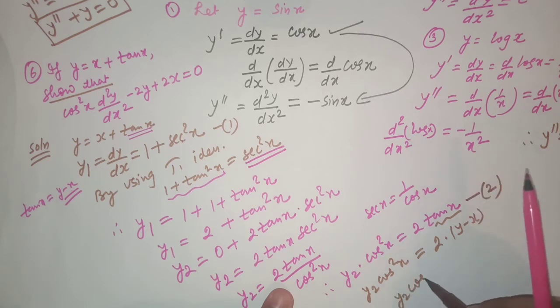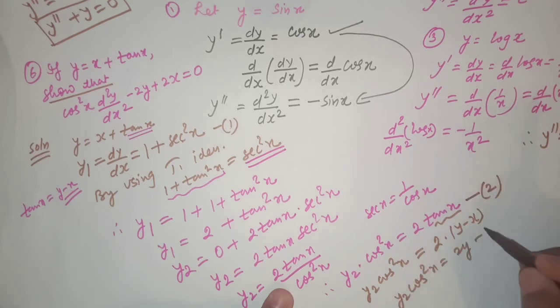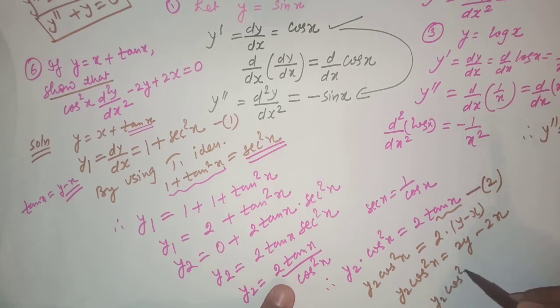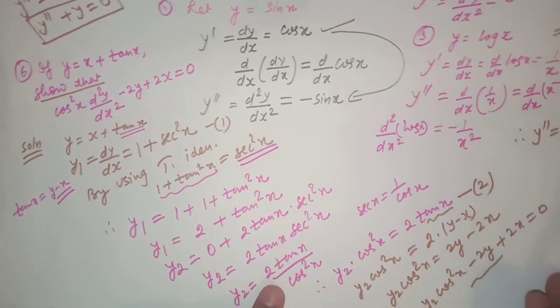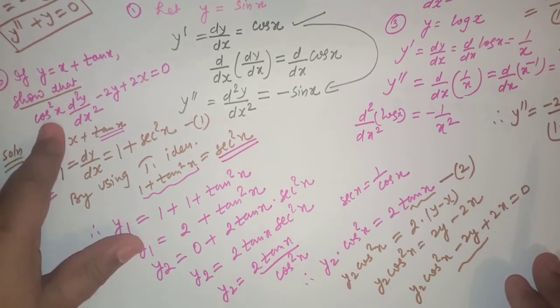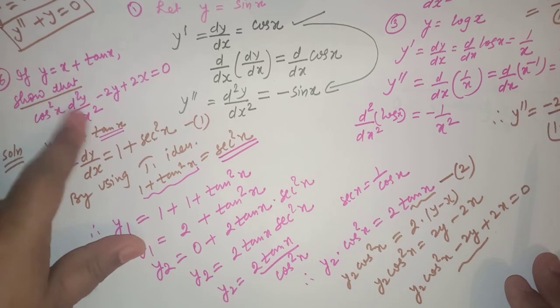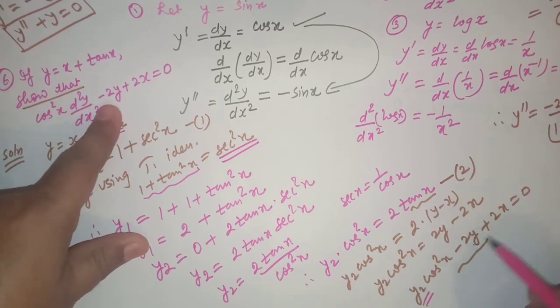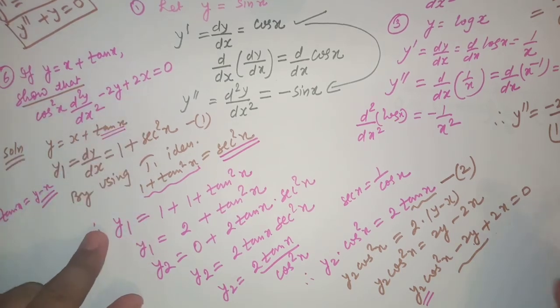So it is y2 cos square x equal to 2y minus 2x, and taking these two terms to the left hand side, we get y2 cos square x minus 2y plus 2x equal to 0. So this is the required result which we have to prove here. See, this is cos square x multiplied by the second derivative y2, minus 2y plus 2x equal to 0. Clear?